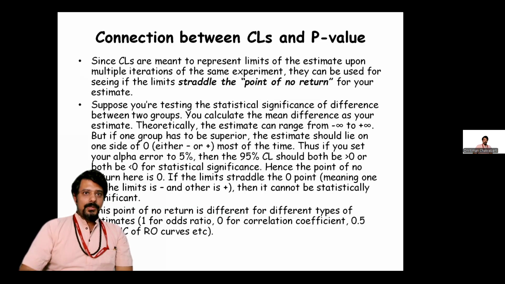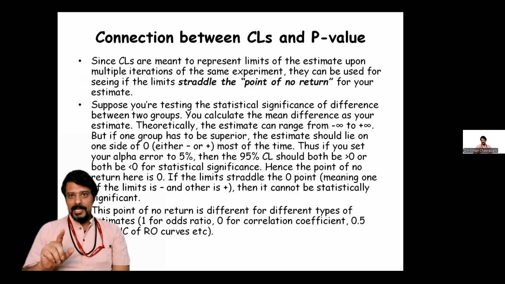Here, there is one more aspect of the confidence limits that I wanted to point out. This is an important thing. Like I said, your confidence limits will lie at plus minus 2 standard error of whatever estimate you have had. Let's start with an example. Suppose you wanted to see the mean difference between two groups, the difference of means between two groups.